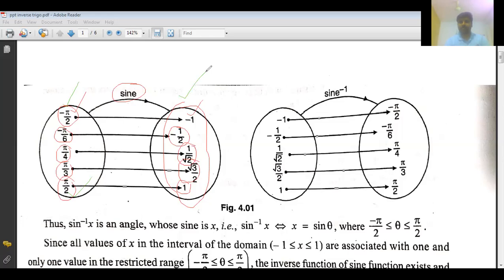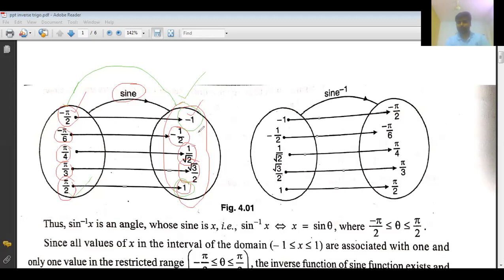That means different values of the domain have different values in the codomain, the range. Whenever different values have different images, that function is one-one, and all the values from minus 1 to plus 1 we are getting here.